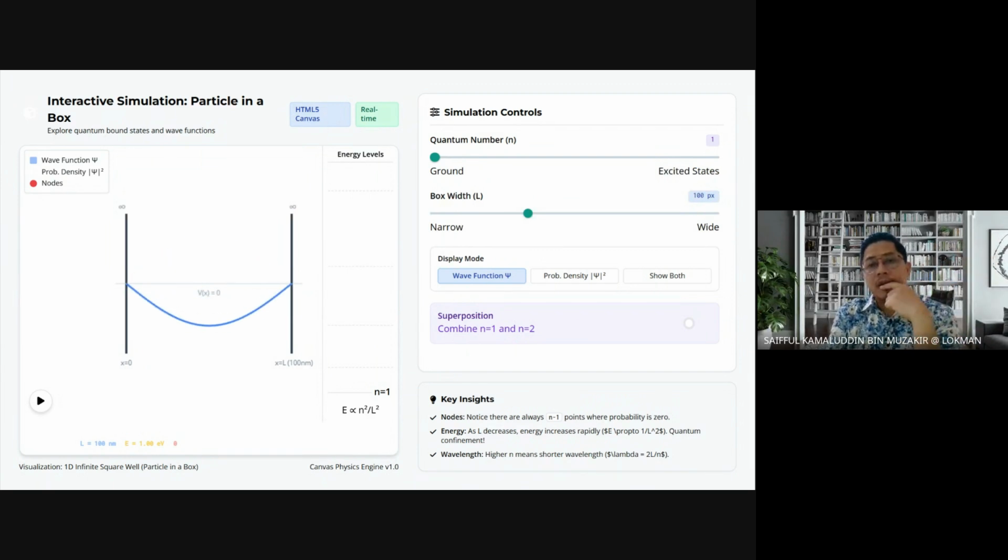N equals 1. What we are simulating right now is the ground state of the electron. Ground state means the electron hasn't absorbed any energy from sunlight or any heat energy from outside. The electron stays at the ground state, relaxing. Quantum number equals 1, so we have a sine wave with no nodes inside.